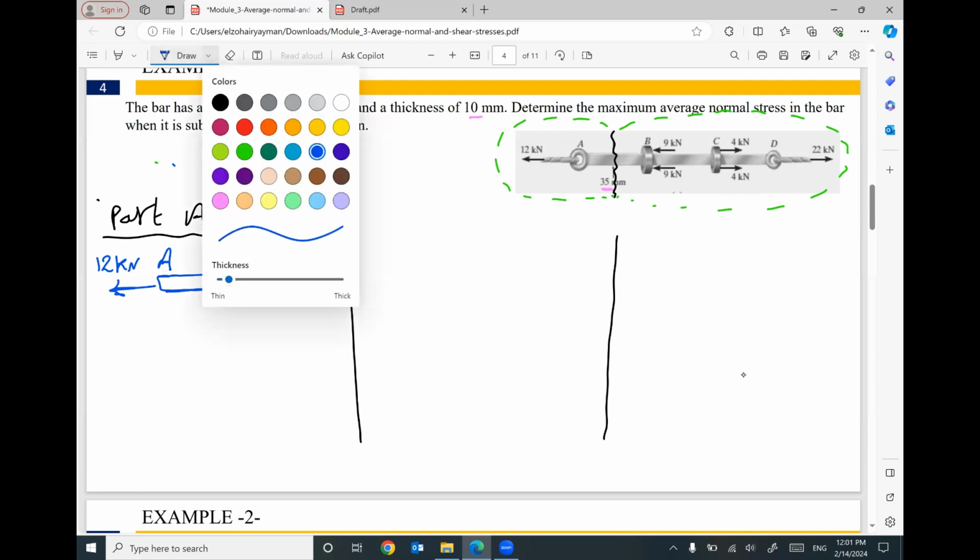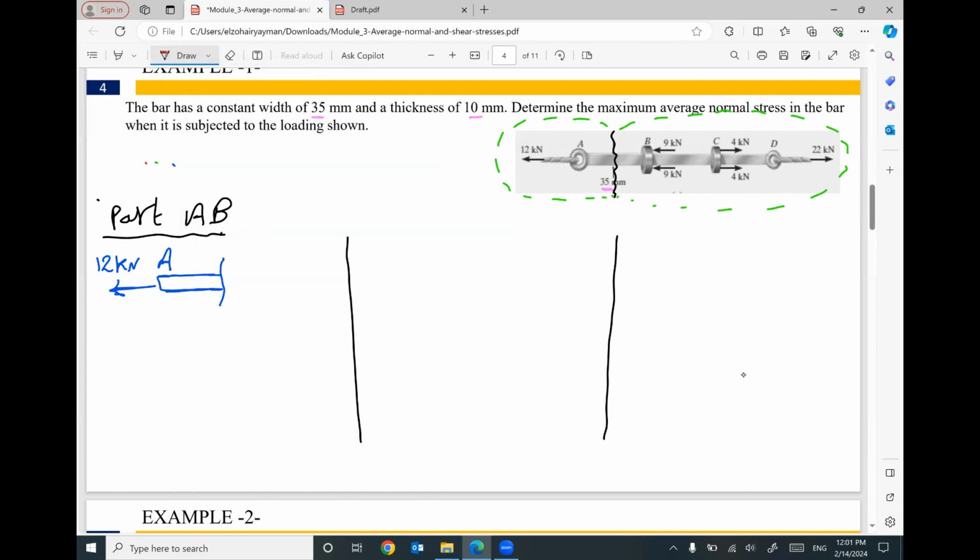From engineering mechanics, if you apply summation Fx equals 0, we must have a force in the opposite direction to the 12 kilonewton, also 12 kilonewton, to make sure summation Fx equals 0.